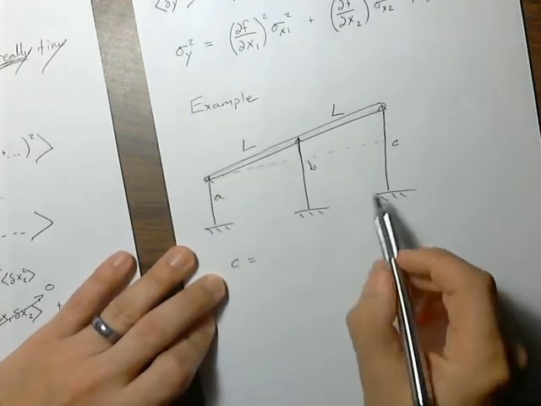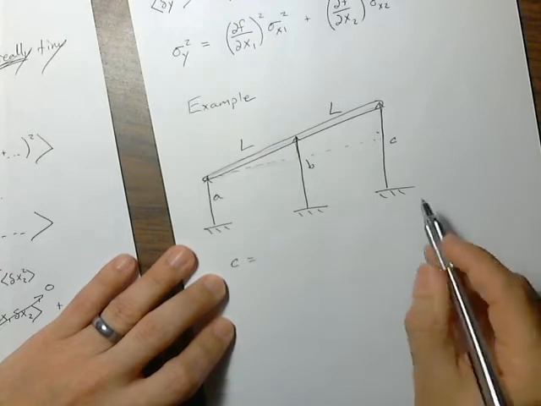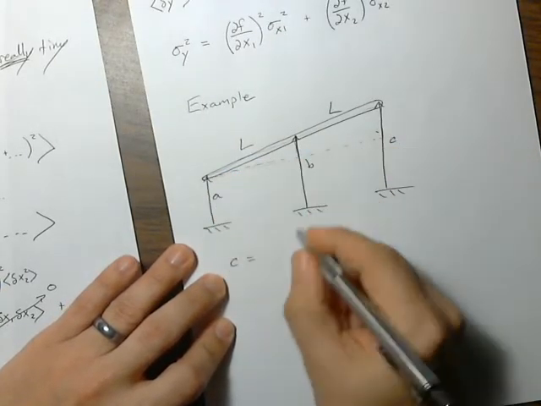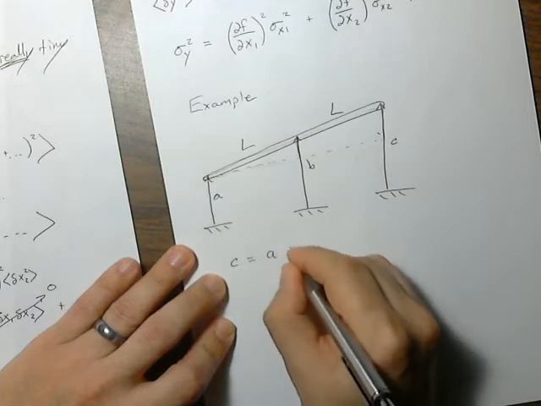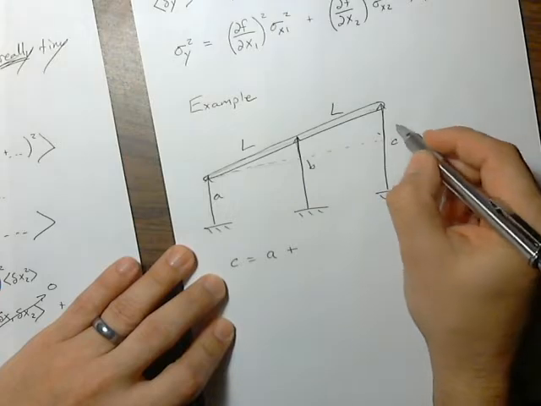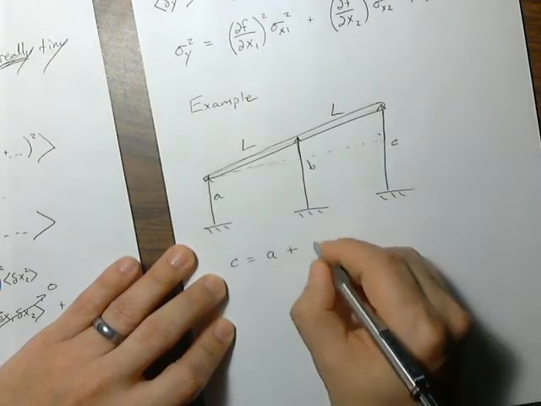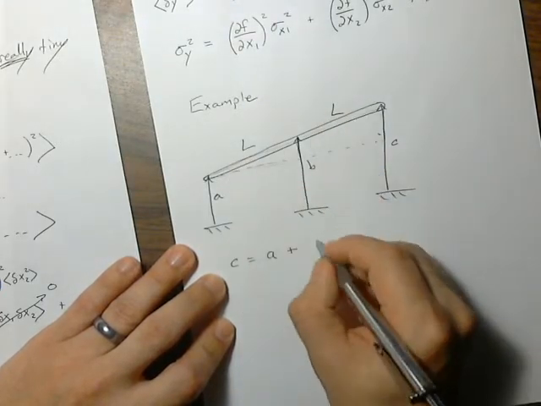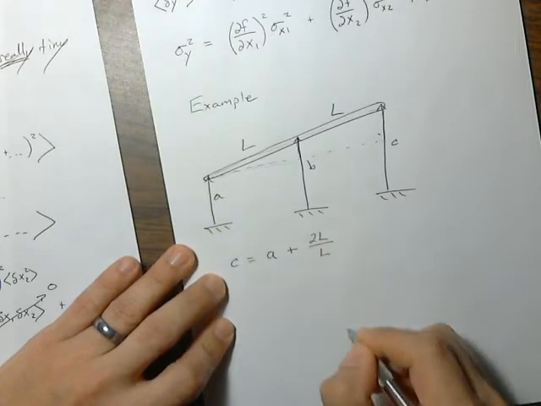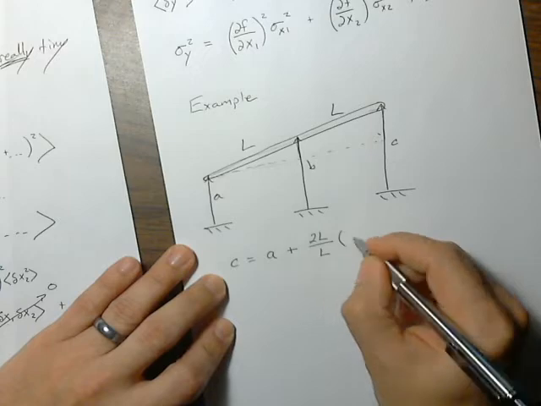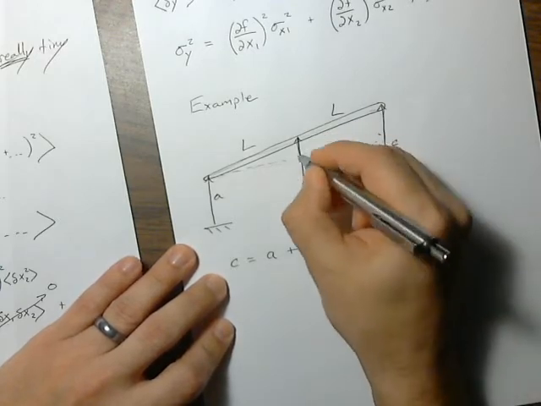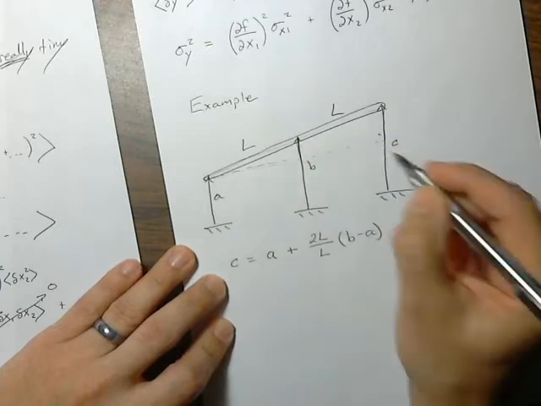So we can use the principle of similar triangles to figure out C. So that'll be the length A plus, now we said, all right, the ratio is going to be 2L over L, right, times B minus A, which is the length of this right here.